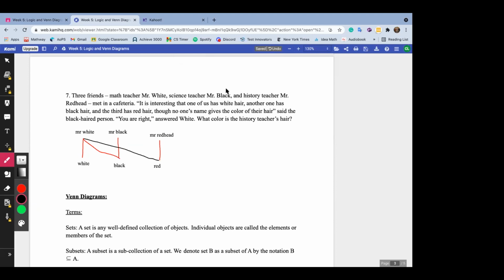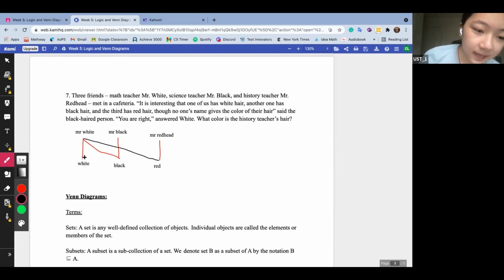And then Mr. Black must be red or white, but Mr. White is already red, so he must be white, and Mr. Redhead must be black. So we find that Mr. Black has white hair and Mr. Redhead has black hair, which means we're finding for the history teacher, Mr. Redhead, so the answer will be black.